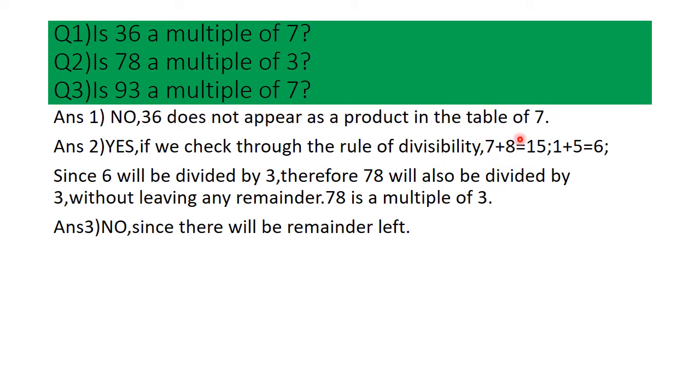So 7 plus 8 is 15, and 1 plus 5 is 6. Since 6 is divisible by 3, 78 will also be divided by 3 without leaving any remainder. So 78 is also a multiple of 3.